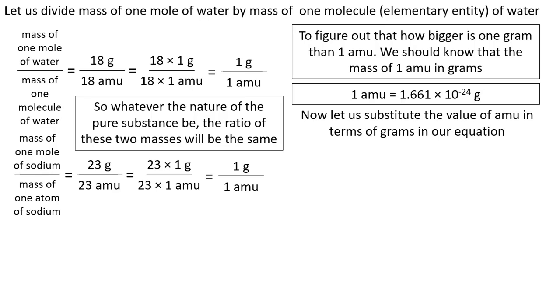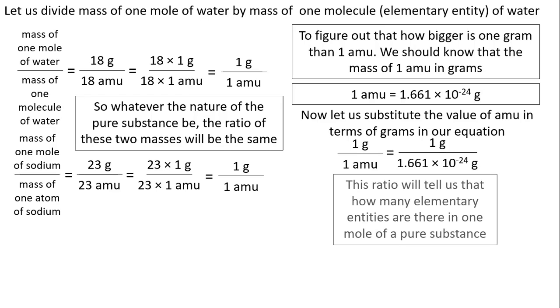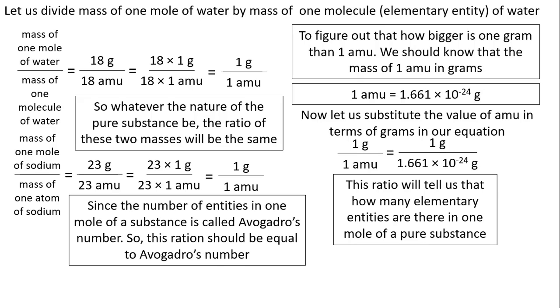So now let's substitute, and we can say 1 gram over 1 amu is equal to 1 gram over 1.661 times 10 to the power minus 24 grams. When we evaluate the equation, the ratio will tell us how many elementary entities there are in 1 mole of the particular substance, and that's going to be the Avogadro's number. So now let's move further. The mass in the denominator is 1 amu, and I have just substituted that.